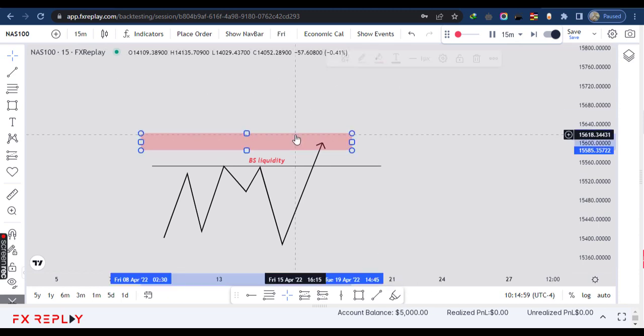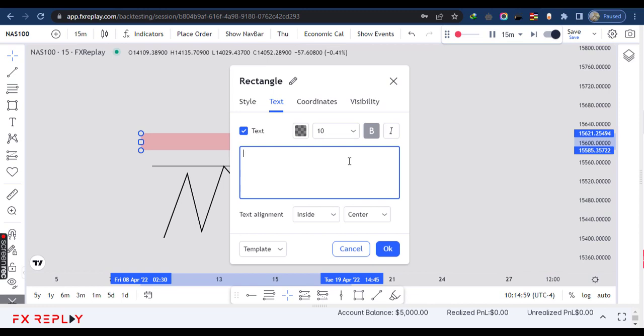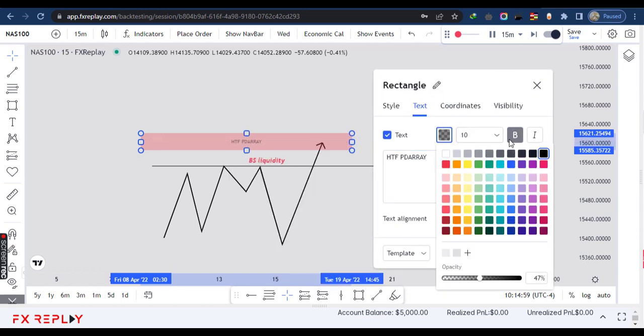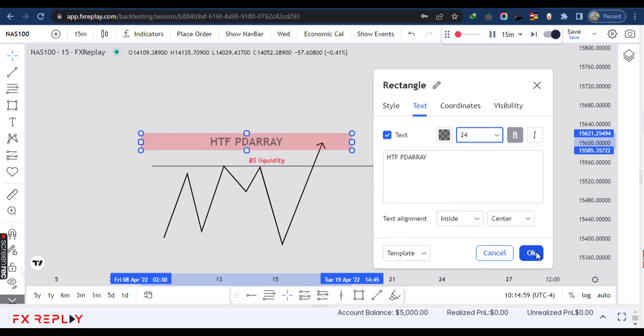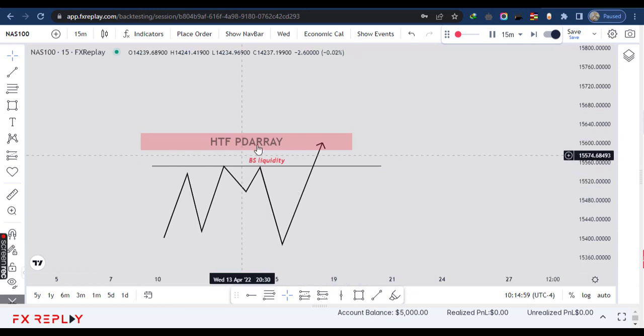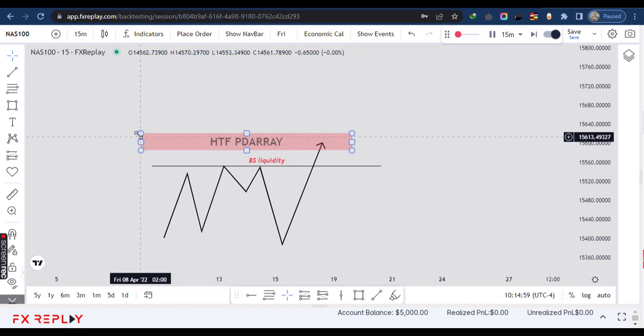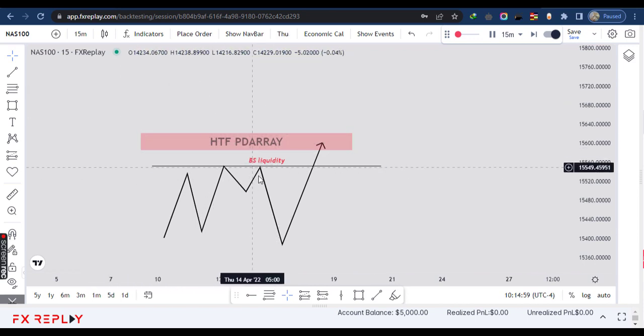This higher time frame PD array can be either an order block, like I said, a breaker block, a rejection block, or a fair value gap.